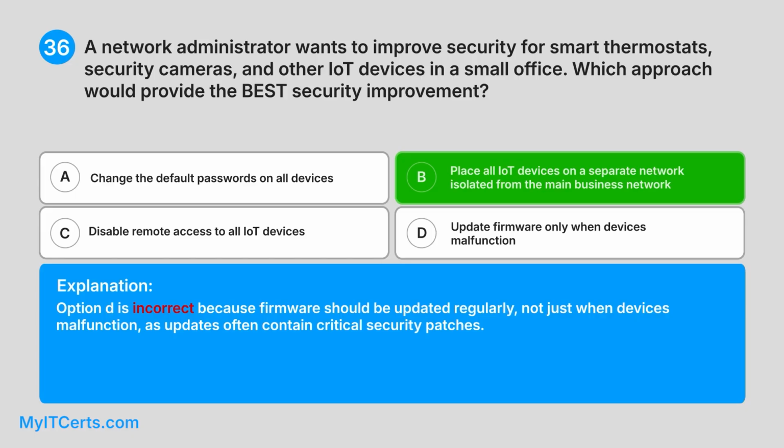Option D, update firmware only when devices malfunction, is incorrect because firmware should be updated regularly, not just when devices malfunction, as updates often contain critical security patches.